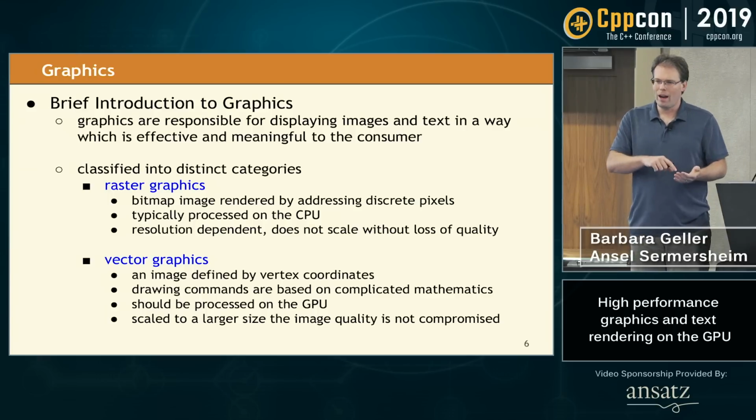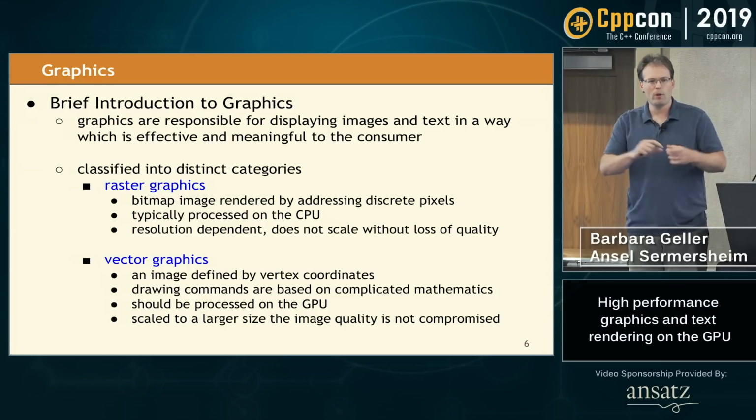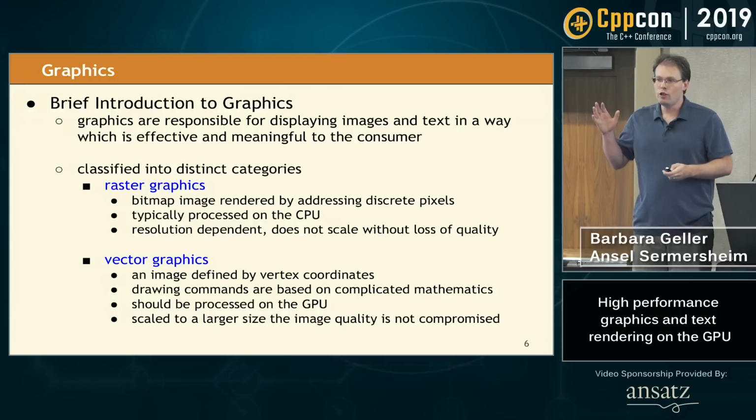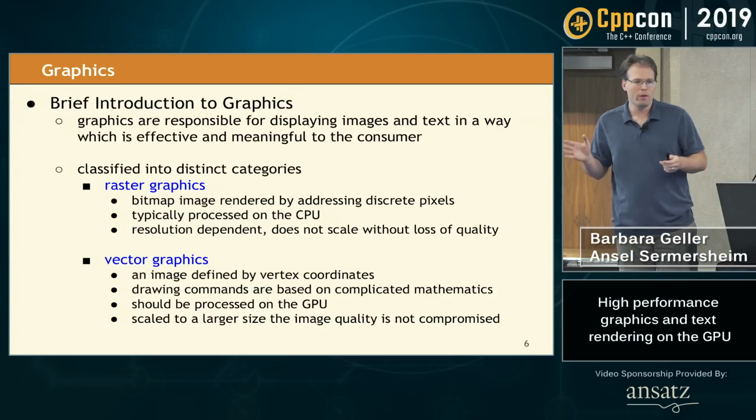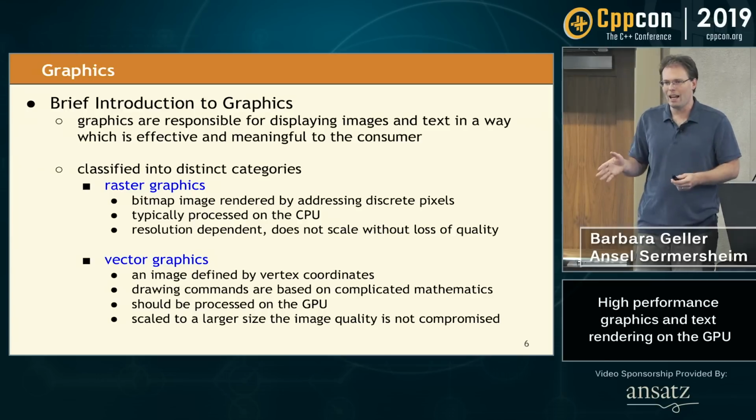There's also vector graphics, where instead of a set of pixels, you have coordinates that form a shape, a polygon, a triangle, or whatever. The drawing commands are based on the mathematical equations that define that shape. This really should be processed on the GPU. If you're doing vector graphics, that's what it's good at.